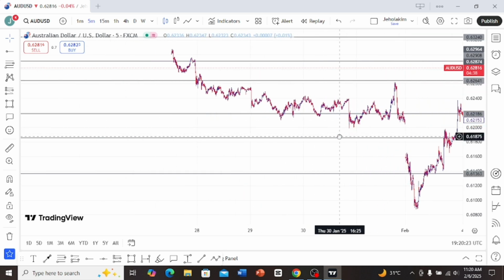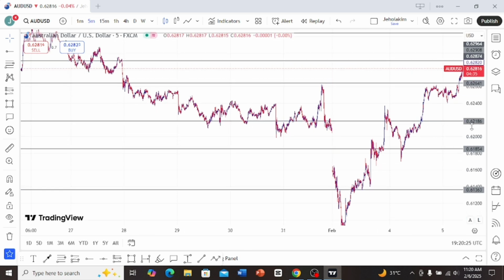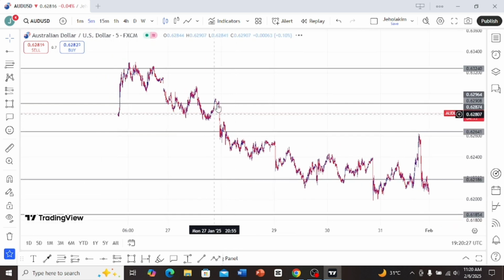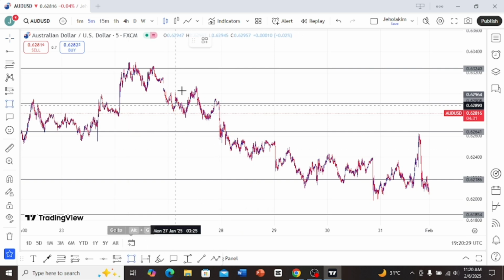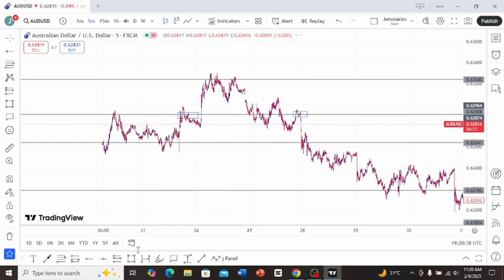So you can see that resistance line. You see how it's respecting this place. It's respected here. It's respected here. It's also respected here.